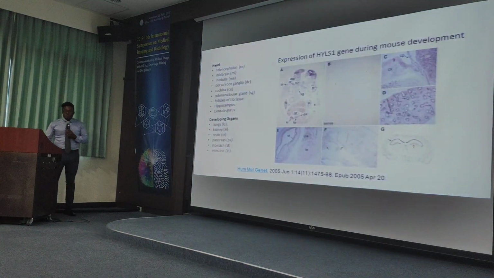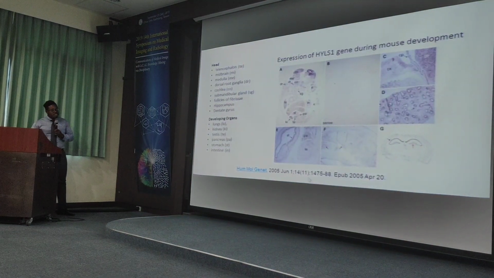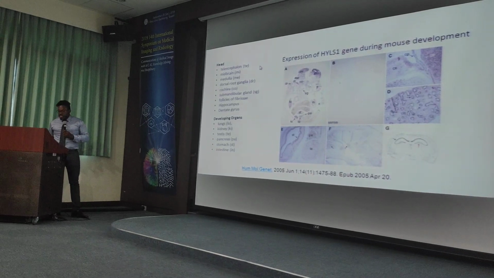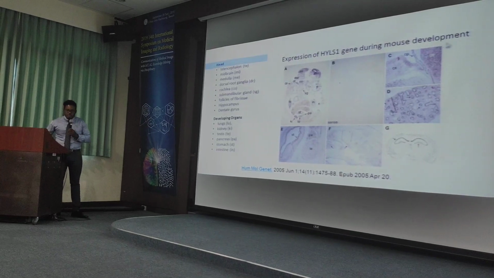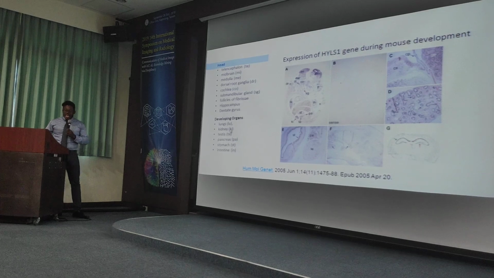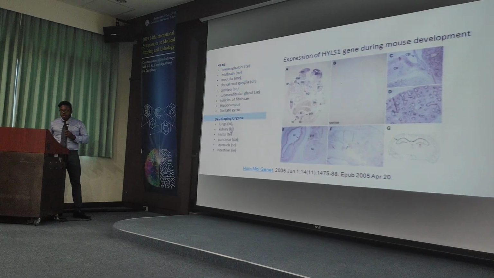In a further study in 2005, this group also showed that during neonatal mouse development, this protein is expressed in many regions in the brain and in the developing organs.